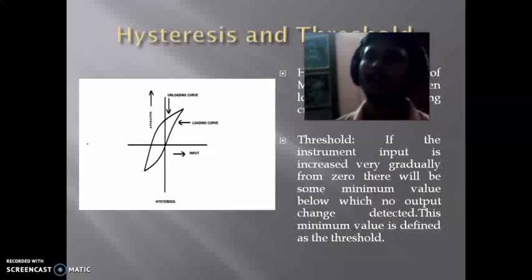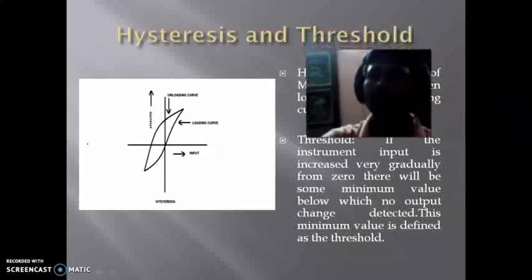Suppose we change the input gradually from 0 to a particular value and get no output; after some minimum value we provide, we get an output. This minimum value that we have to provide to get some output is called the threshold of this particular instrument.